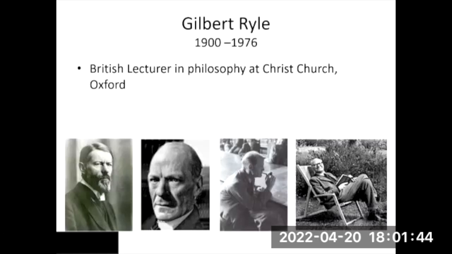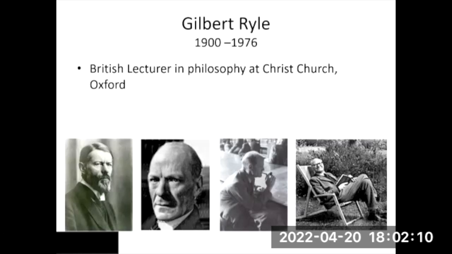So whiz forward to the 20th century, and a philosopher called Gilbert Ryle, who interestingly was born and bred in Brighton, educated in Sussex at Brighton School, and became a professor of philosophy at Oxford. I think he was Dan Dennett's PhD supervisor, which is quite interesting.